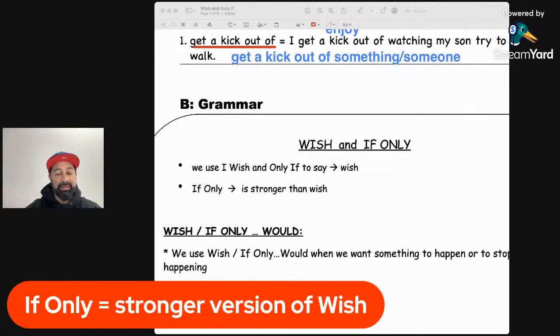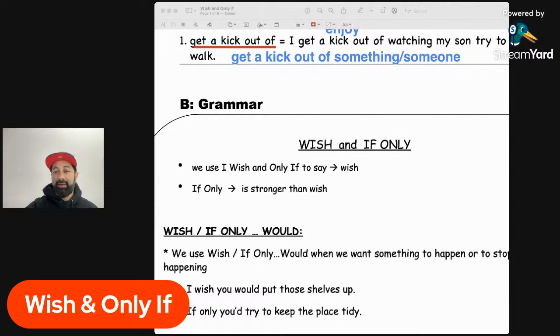So if only is a stronger version of wish. It has the same meaning, but it's just stronger. Wish means that you want something to happen, or you want something to stop happening. There's many different ways to use wish. We're going to learn a couple of ways first.